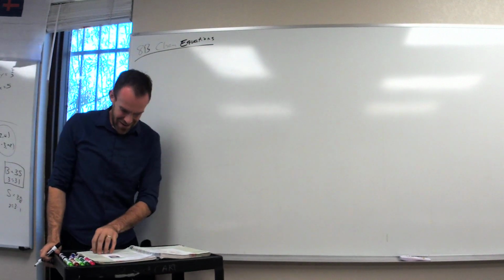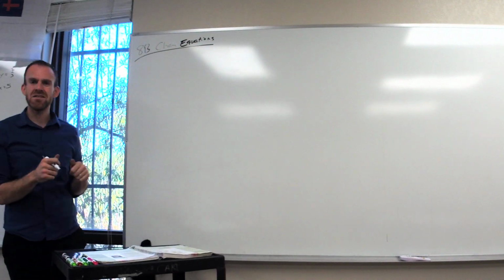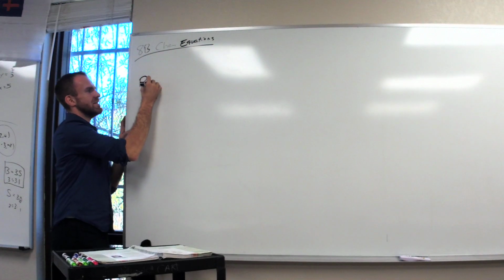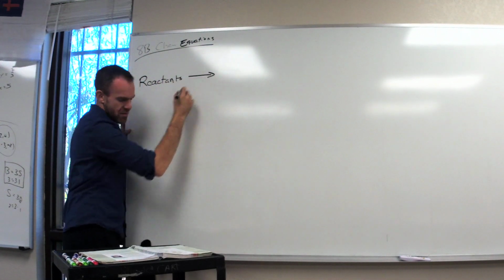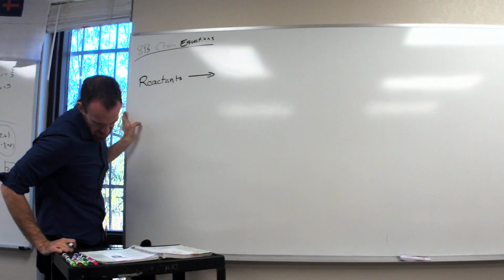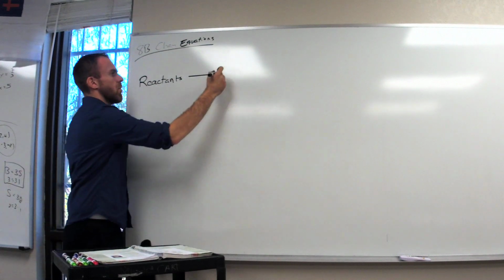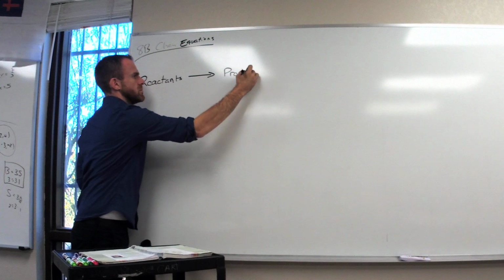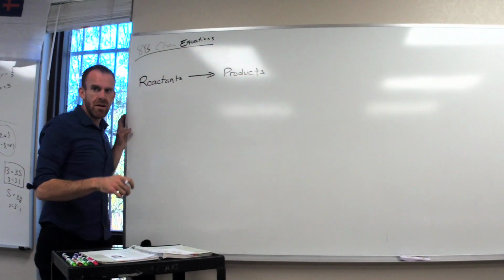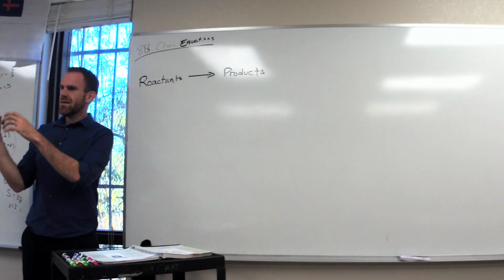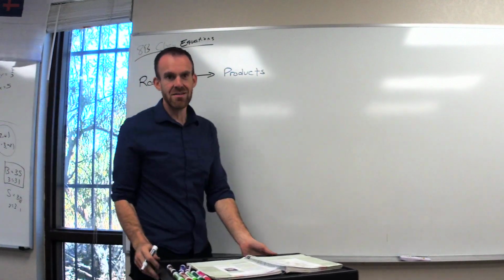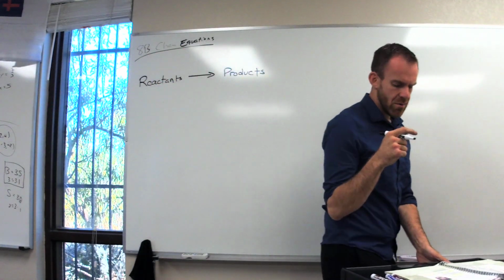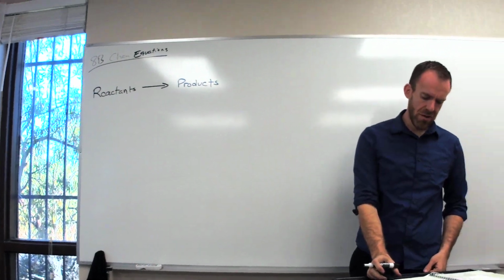I'm horrible at it. All right, so we have 2 parts of an equation. We have the reactants, and they make the products. So some compounds, some elements are going to react to form the products of our chemical reaction.